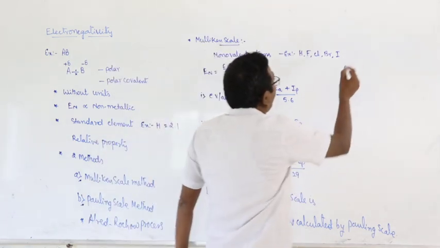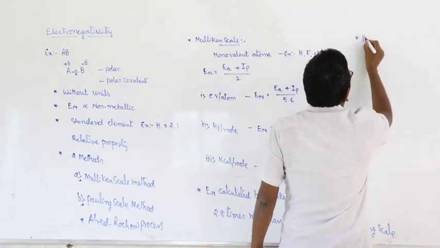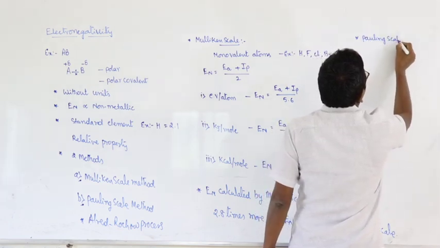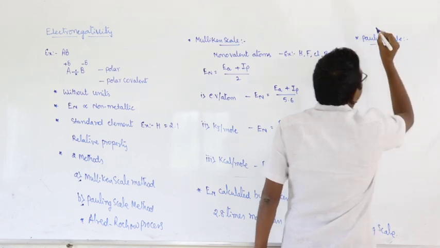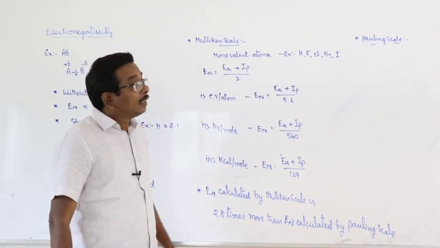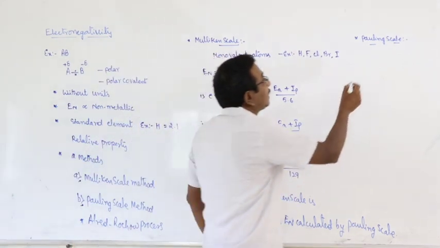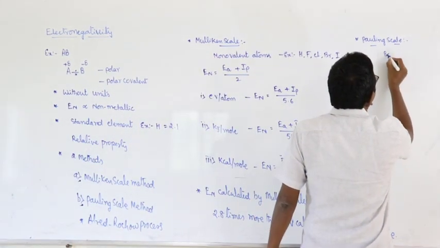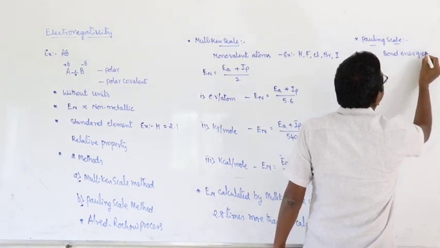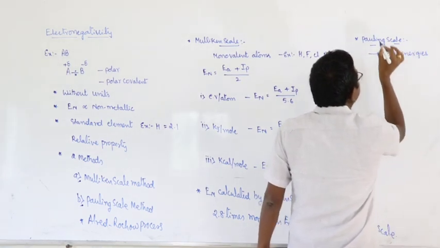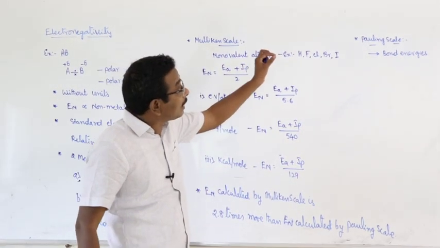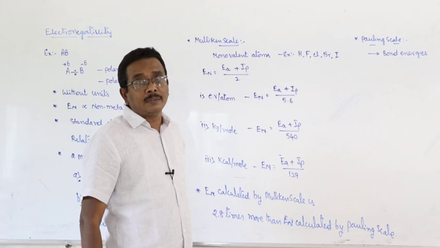And next one, what about the details of Pauling scale? In Pauling scale, the electronegativity is calculated on the basis of bond energies. This is the criteria for the calculation of electronegativity.